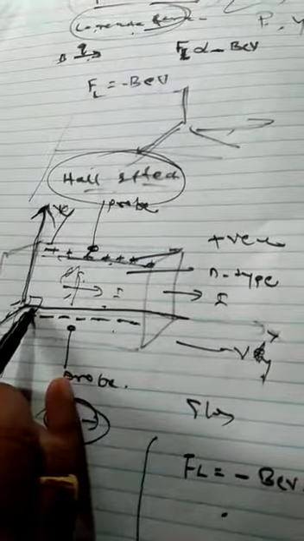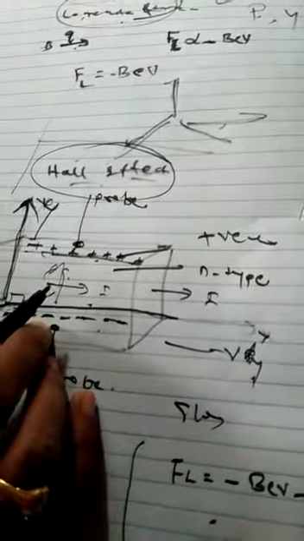Hence, between the bottom and the top of the slab, a potential difference develops. That potential is called the Hall voltage, denoted by VH, and it appears between the upper and lower surfaces. So this is the Hall effect.